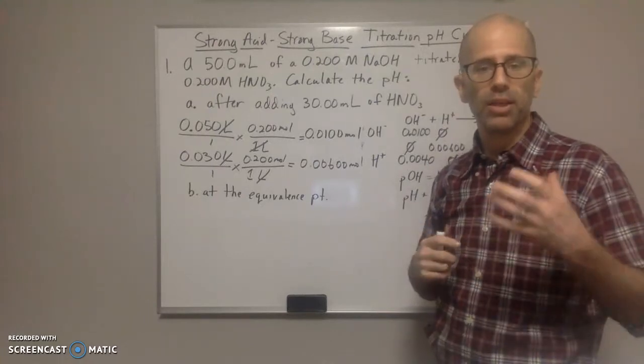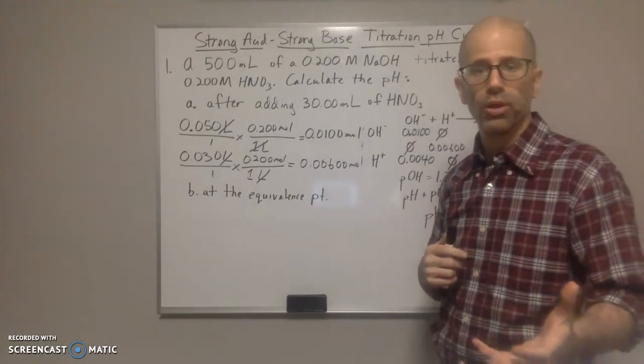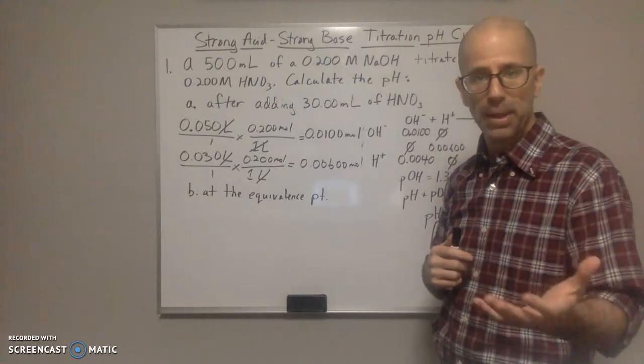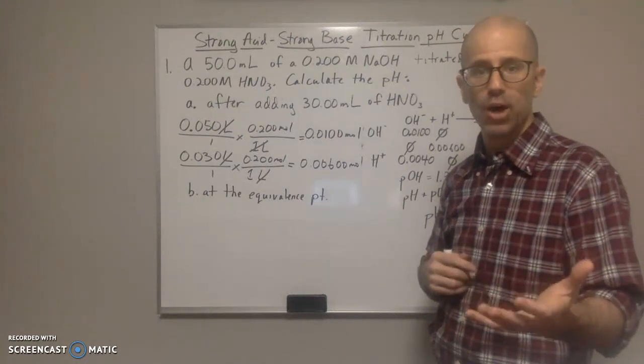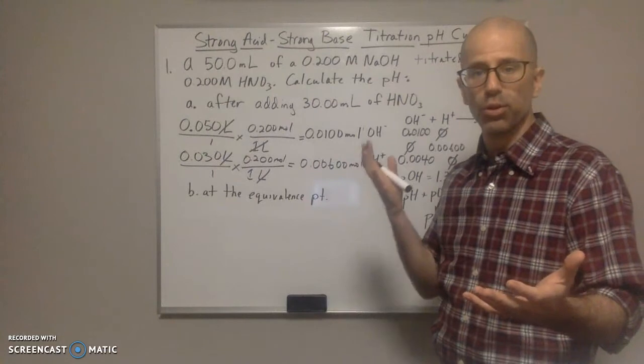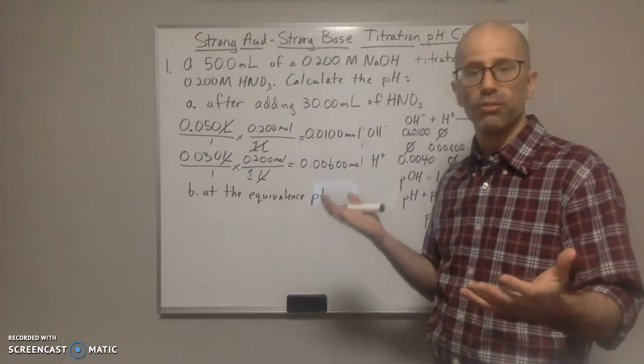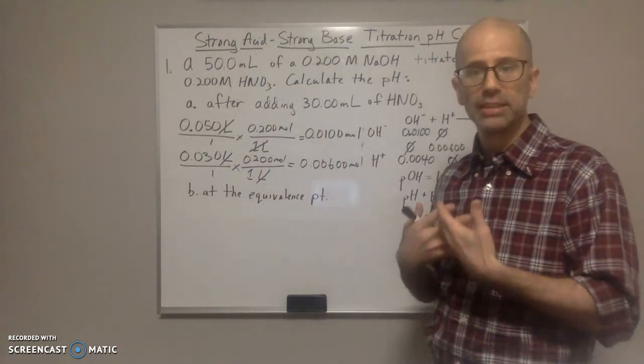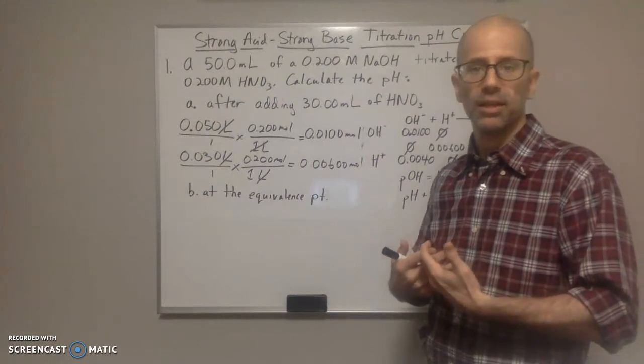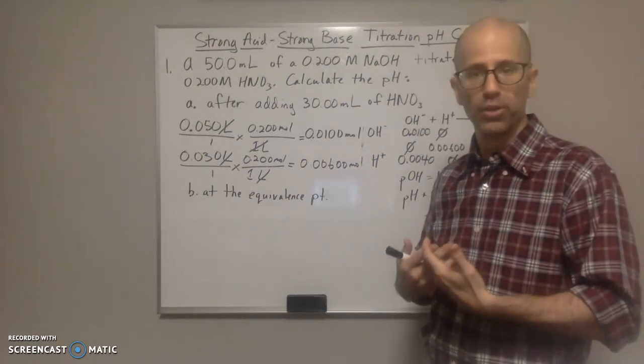That's when the number of moles that you had in the base is now equal. You've added an equal amount of moles of your acid to neutralize completely the base that you had.